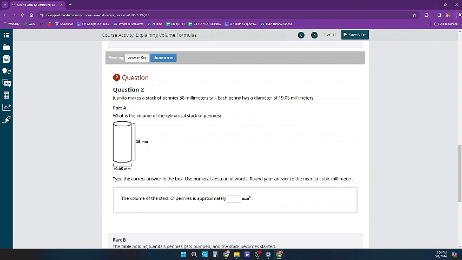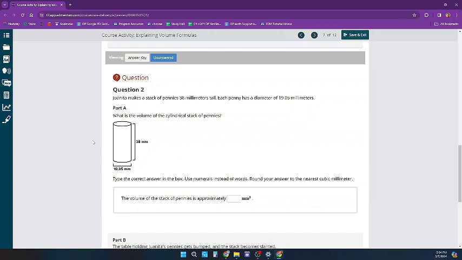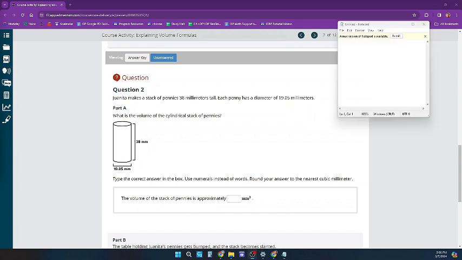What we're going to do is remind ourselves of what the volume for a cylinder is, and that is the volume is equal to pi times r squared times the height of the cylinder. So from here, it just becomes the plug-in game when we plug in for our values. Pi is going to remain pi.